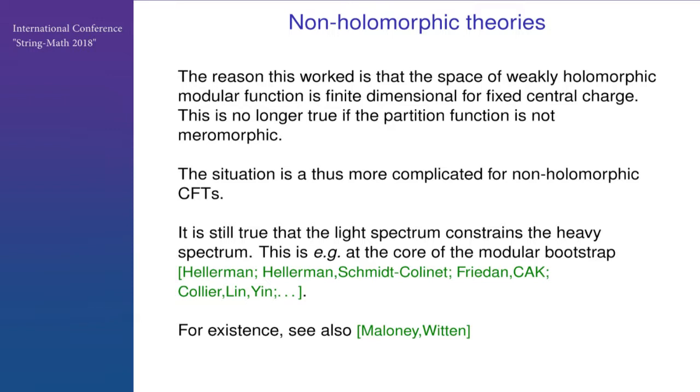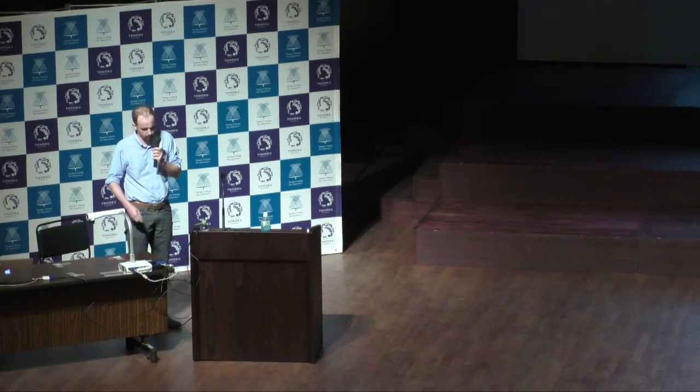In the holomorphic case, it really worked because the vector space of weakly holomorphic modular functions with a fixed pole was finite dimensional. But this is no longer the case in the non-holomorphic case. So the situation is much more complicated. There are still remnants of this idea that the light spectrum fixes the heavy spectrum. That's actually behind the modular bootstrap. But usually you have to impose some additional constraint, like for instance, you have to assume that the spectrum is positive.